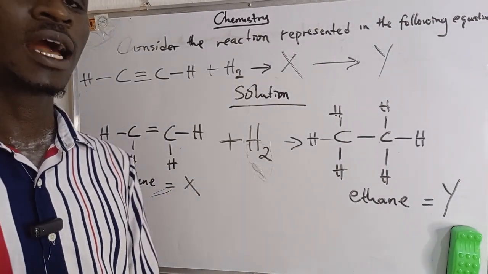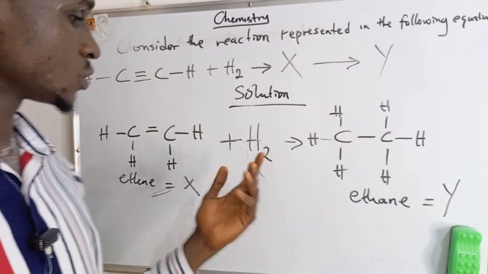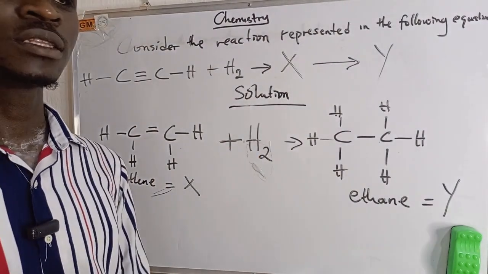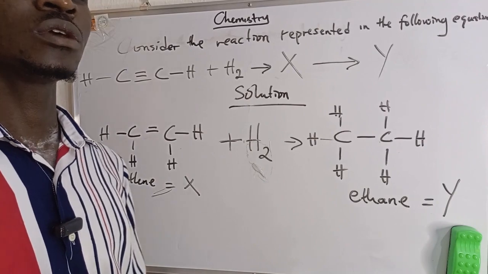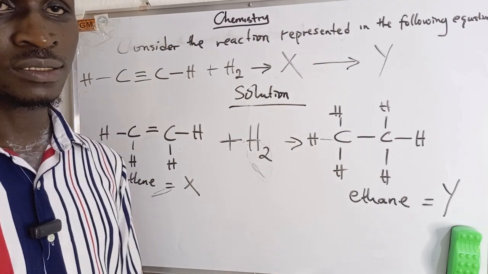When you are adding halogens, halogens take two-step reactions too, but then you have to do this in the presence of a catalyst.